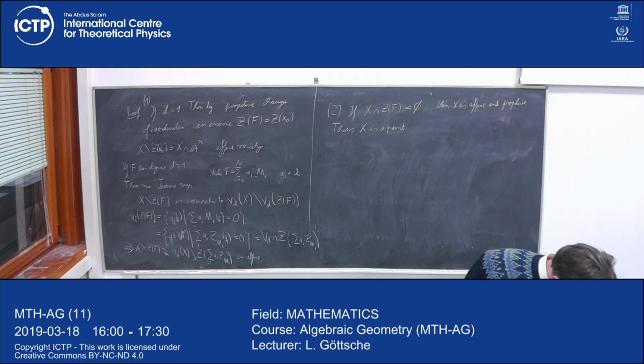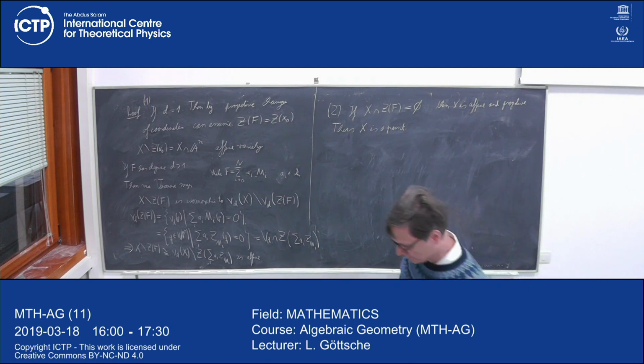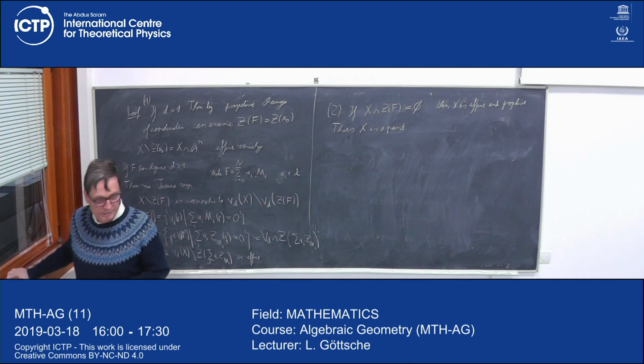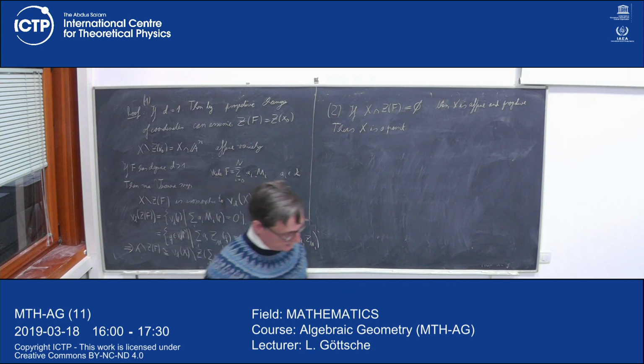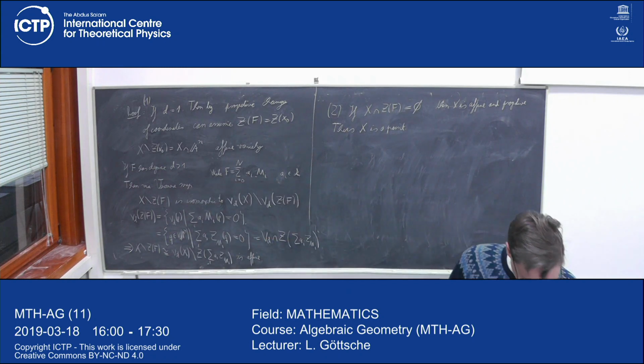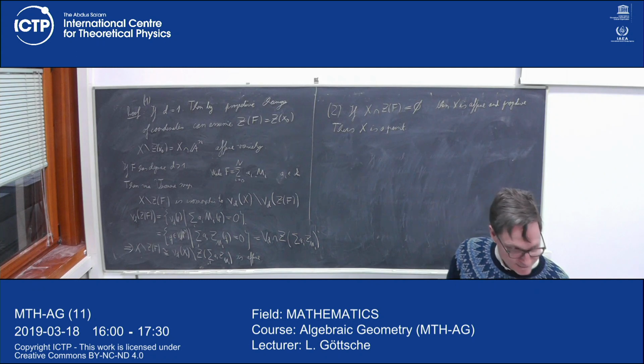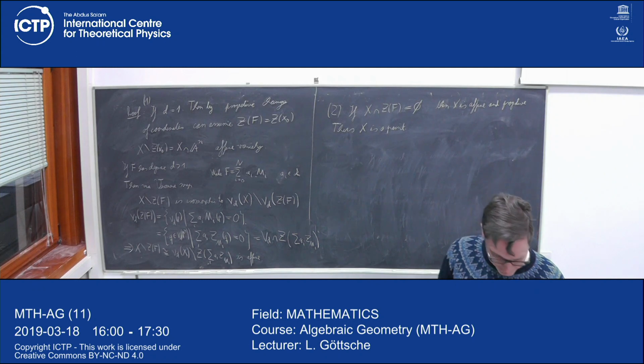Okay, so this took a bit longer than I thought, but anyway. Now I wanted to briefly, I mean, we will not really use it, but I wanted to briefly return to rational maps and talk about birational maps. As you know, a rational map is a morphism which is not defined everywhere, just on a nonempty open subset.